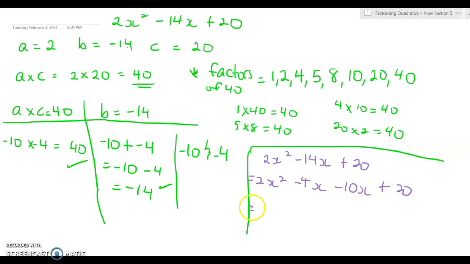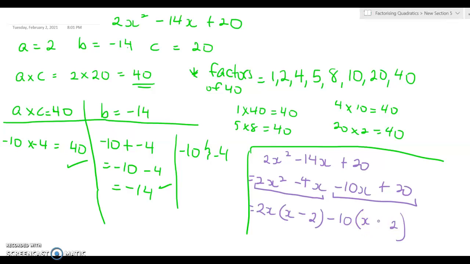And now we're going to factorize, pair them off. 2x squared minus 4x, I could pull out 2x, and then 2x by x will give me back x squared, minus 2x by just 2 will give me back 4x.